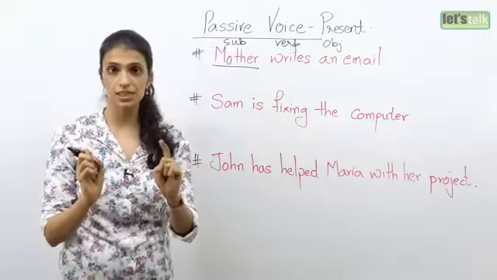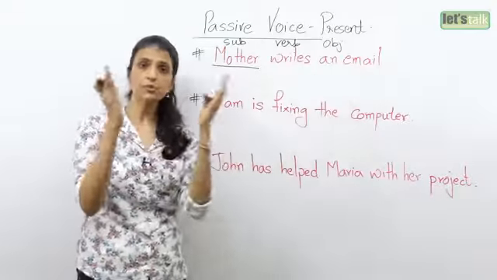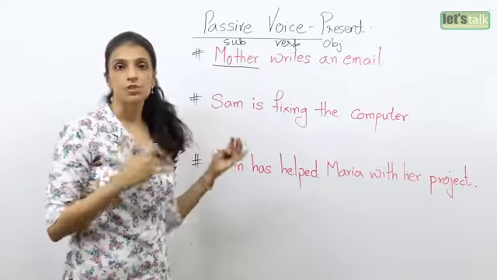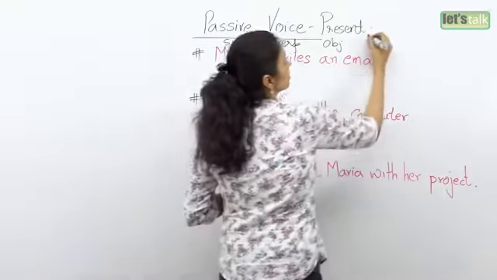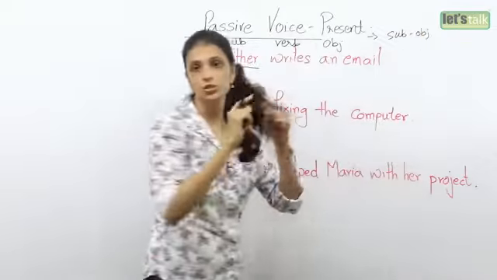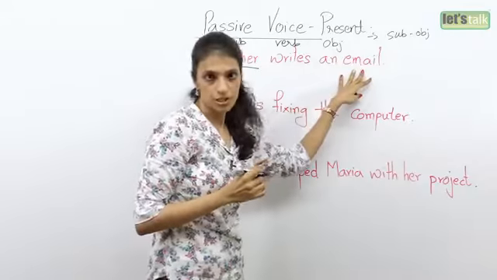So the first thing is, after you identify the subject verb object, you have to interchange. So you have to make the object subject and subject object. So subject object, you interchange them, because now you're going to give importance to the object.